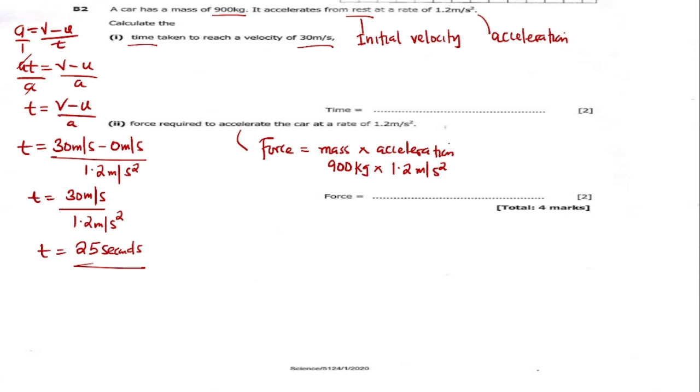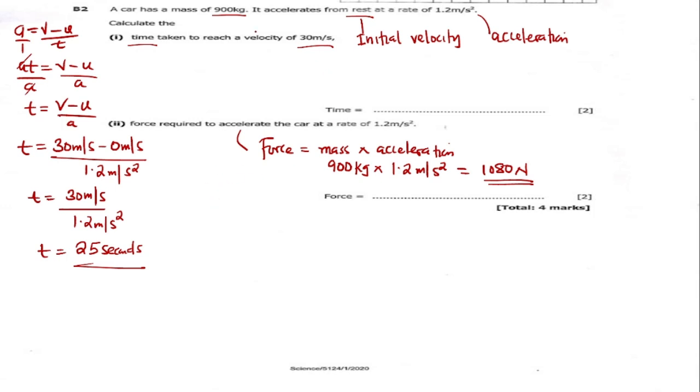So if you multiply our mass in kilograms, 900, by 1.2, which is the acceleration, we are going to have a force of 1080 Newtons. So that is the force in this question.